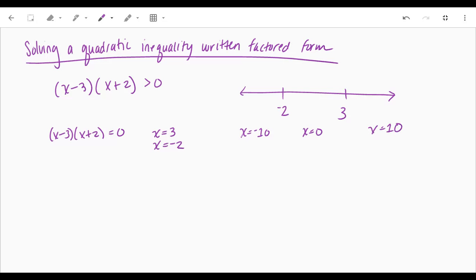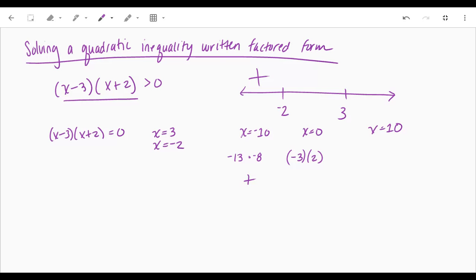And then you test the points. So if x is -10, I would have -13 times -8. Right? If I plug it back into my equation, -10 minus 3 is -13, -10 plus 2 is -8. That's a positive number. I don't even care what positive number it is. I just care that it's positive. Okay. When I plug in 0, I'm going to have -3 times 2, which is -6.